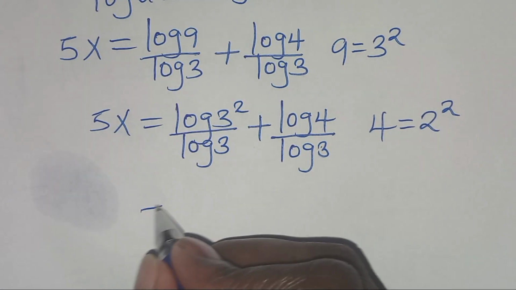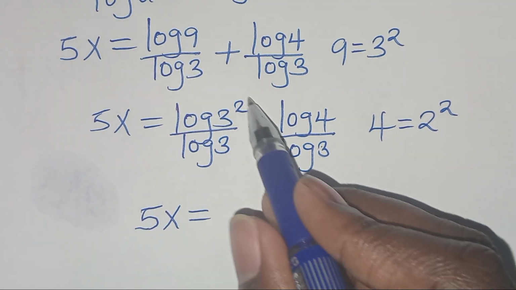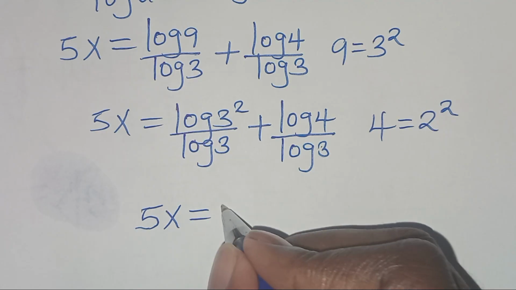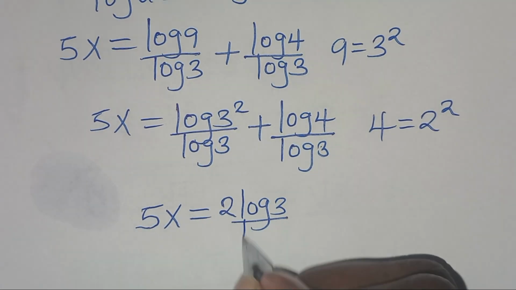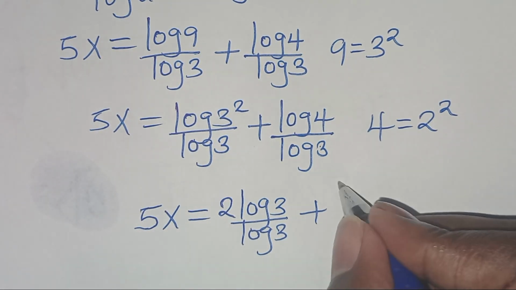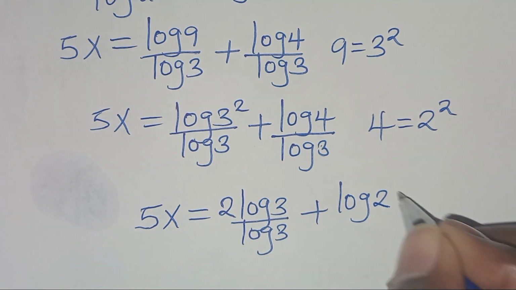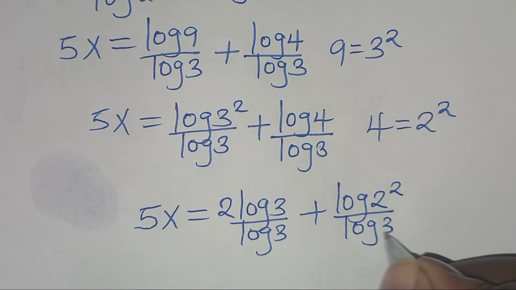So this implies that here we have 5x is equal to log 3 to the power of 2. By applying the power rule property, this becomes 2 log 3 divided by log 3, then plus log 4, which is log 2 to the power of 2 divided by log 3.